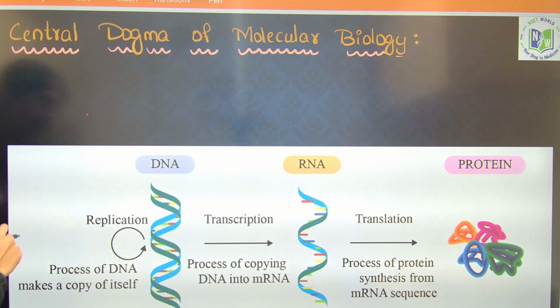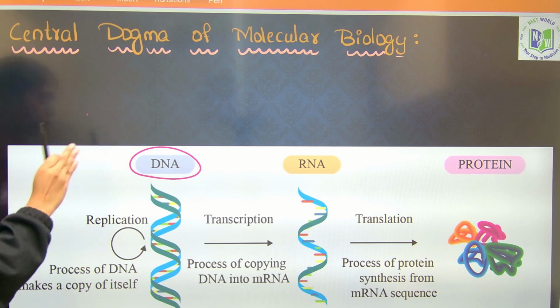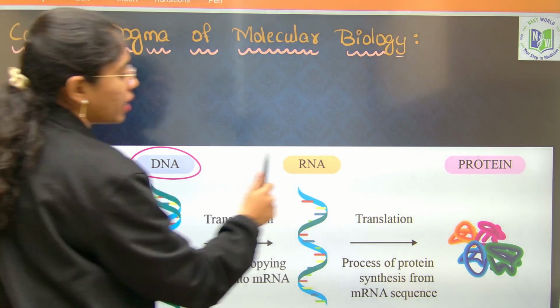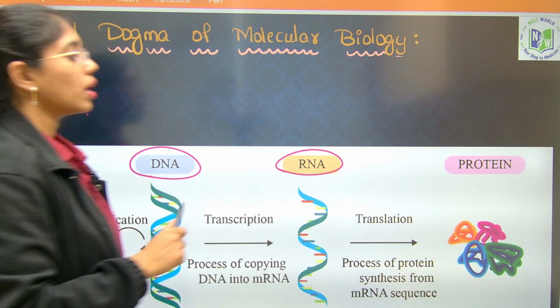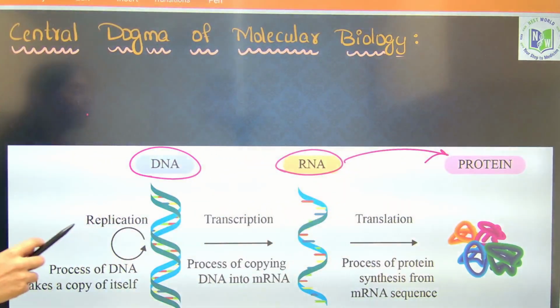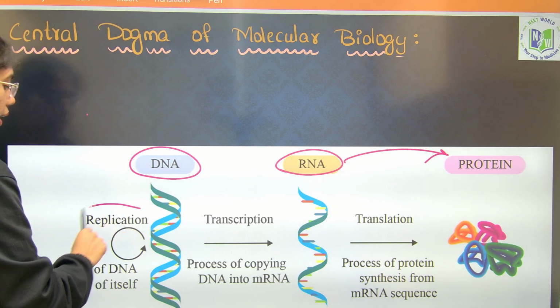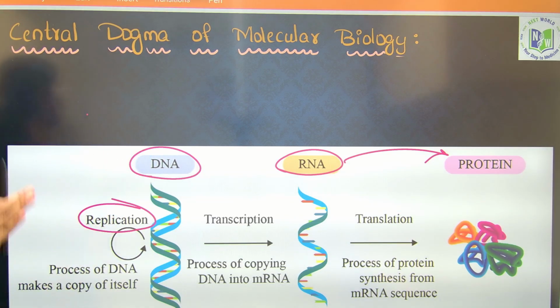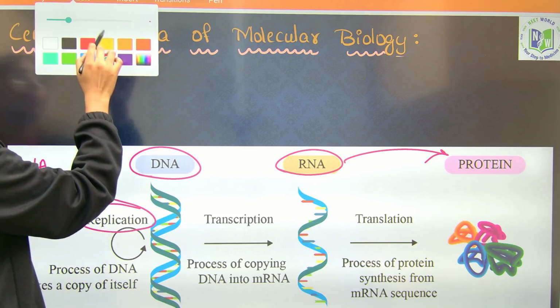It says that DNA first undergoes replication, which is copied to another strand, then transcribes its information to RNA, post which the information is translated to proteins. The ultimate goal of DNA is to synthesize proteins. For DNA replication, the major enzyme required is DNA dependent DNA polymerase. First we will see prokaryotes.